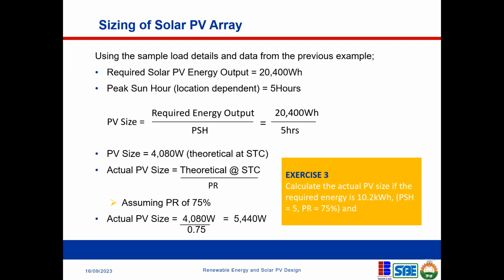If you're having something different or you're not sure of how we arrive at this calculation, please ask questions so we can clarify. It's a very simple calculation. Just follow this process that we have here, but instead of using 20,400, use 10,200 watt hour. The peak sun hour is the same as 5, and then the performance ratio is 75, which is the same here too.